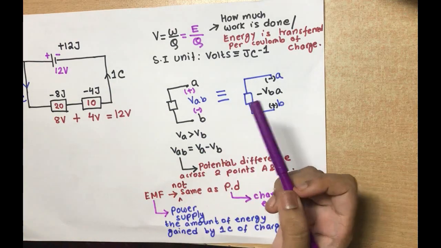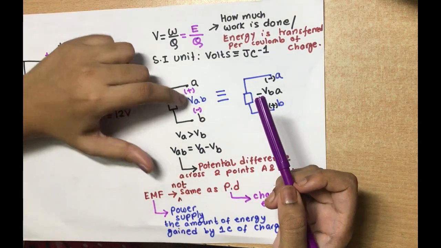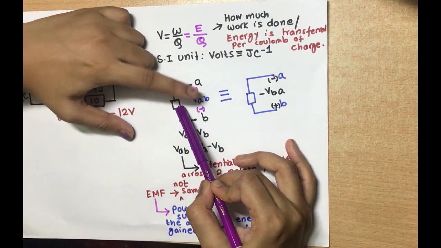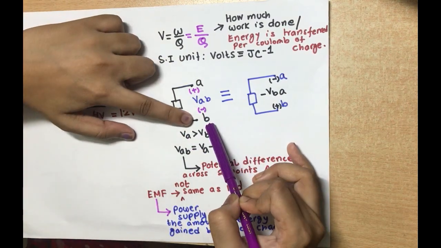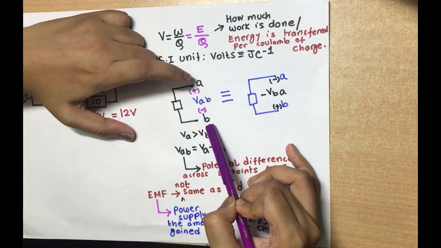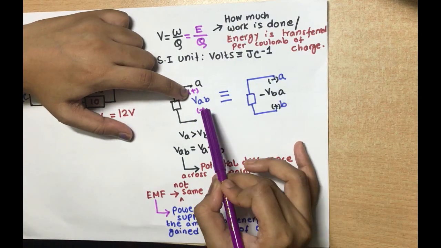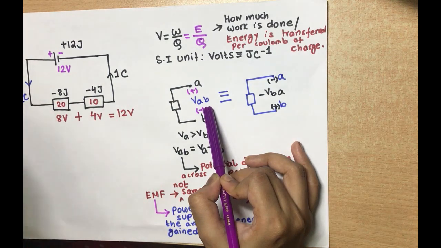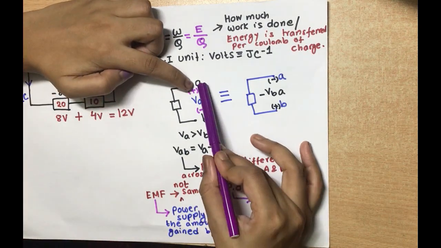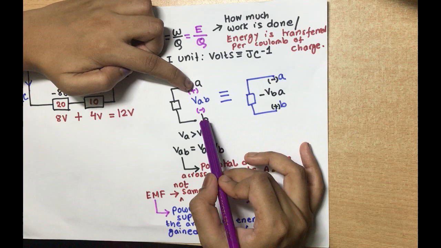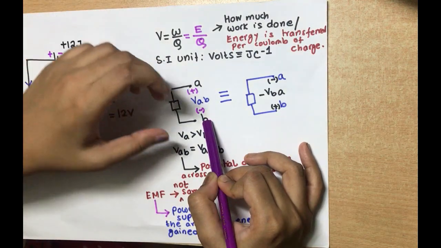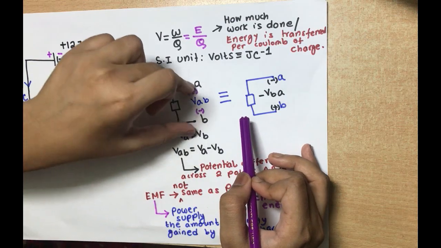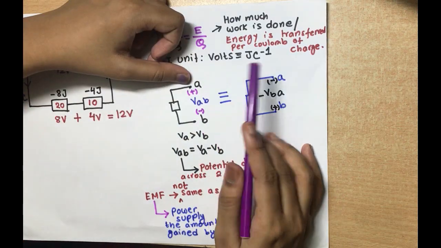Now, moving on to this diagram, we can see that this circuit element has 2 points, point A and point B. Now, the point A is positive and the point B is negative. So what does this mean? This means that the point A is at a higher potential than point B. So when we consider these 2 points A and B, we will see that there is a potential difference.